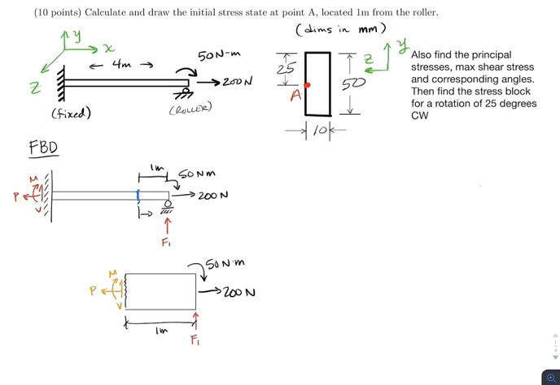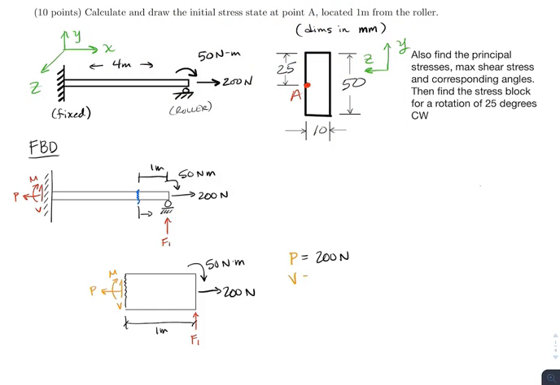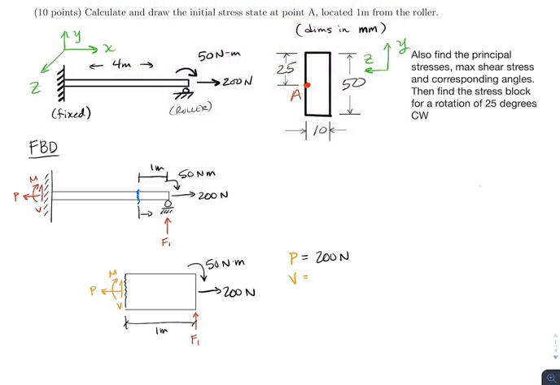Now let's get all of our internal forces in terms of our 1 unknown, which is our F1 force. Our first step is the sum of the forces in the x direction, and when you do that you should get that your internal force P is equal to 200 newtons. When you do the sum of the forces in the y direction, you should get that V, our shear force, is equal to negative F1.